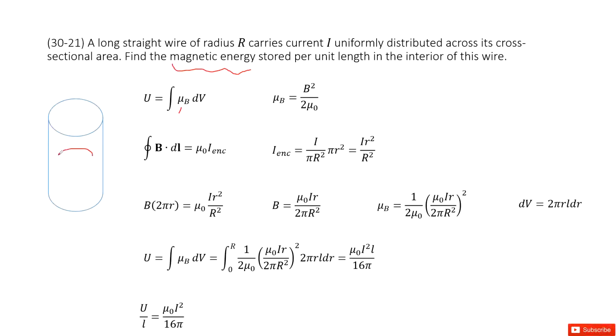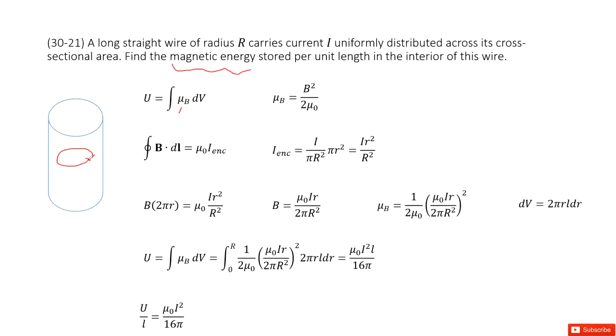So we can draw a circle, looking like this, right? The integral of B dot dl around the circle equals mu naught times the current enclosed.